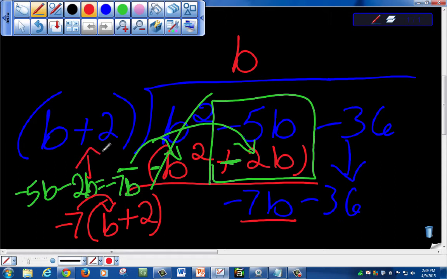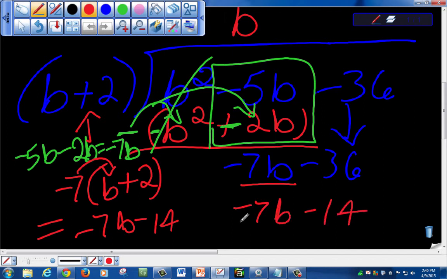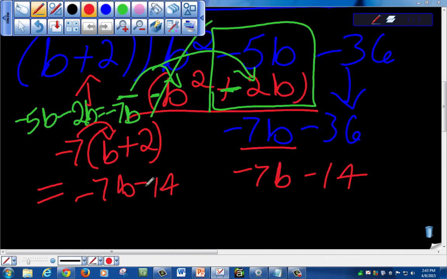But again, we have to do as the previous problem, distribute it onto both sides of this polynomial. So what we're going to end up having is negative 7b minus 14, which we're going to place down here, such as negative 7b minus 14, and we're always going to have it under parentheses, because there's a negative right on the outside.